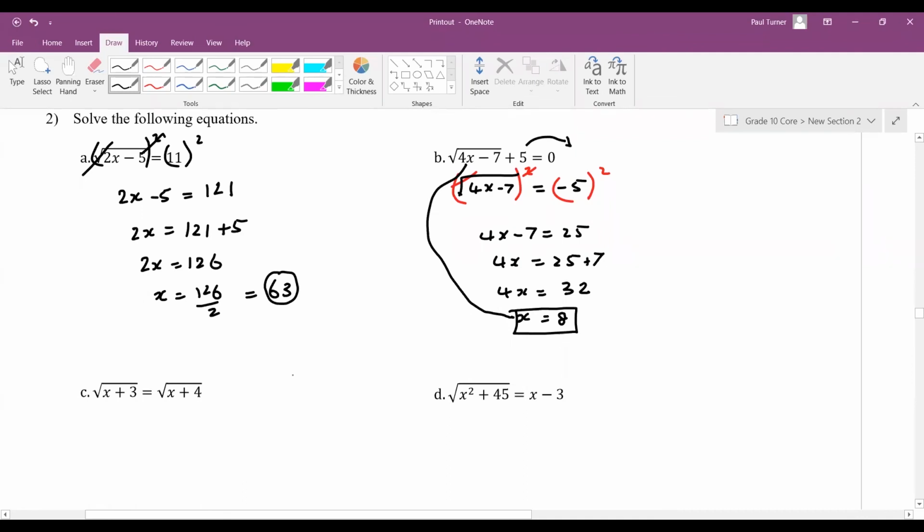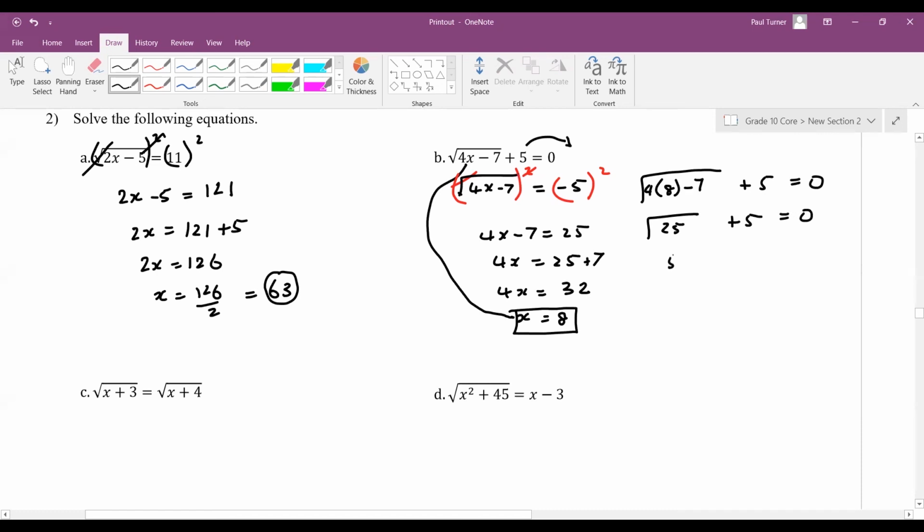Let's check. 4 times 8 minus 7 plus 5 should equal 0. So this is going to give you 25, isn't it? 32 minus 7 is 25, plus 5 equals 0.